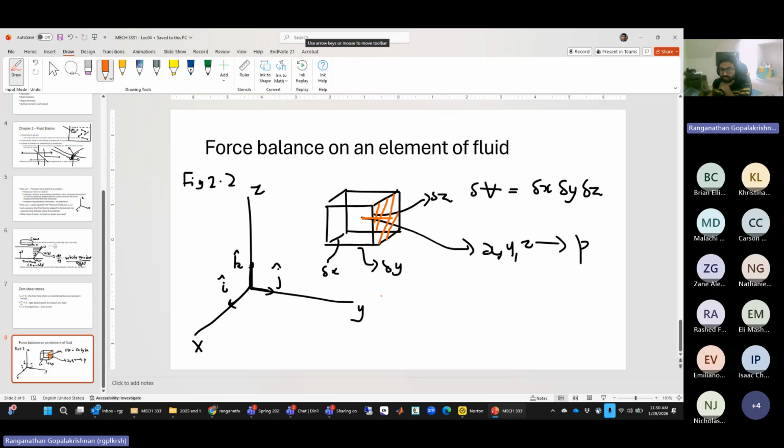So how I would write this is, the pressure at this face, the shaded face, we'll call it PF, just temporary nomenclature, is the pressure at the center plus the rate at which the pressure changes along y, multiplied by the distance I need to travel along the y direction. Would you agree? This is a very simple application of Taylor series: the pressure at a point close to where I know the value is the rate at which it changes multiplied by the distance traveled.